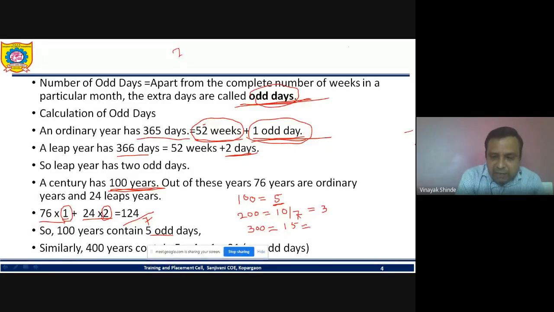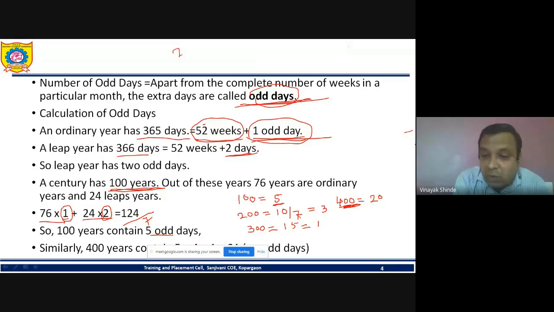Right? So again you divide it by 7. What is the remainder? It is 1. But when you go for 400 years, 5 into 4, it is 20. And 1 odd day, it is a 400 year. Because 400 year, it is a leap year, and a leap year has got 2 odd days.